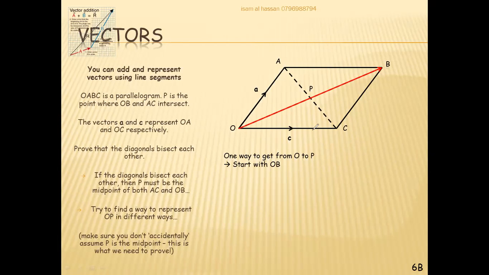If this is a big C and the small a, small c, so this is also c and this is also a. So OP is given: OP is c plus a, and that point is the midpoint, so OP is half of this, which is half of c plus a.